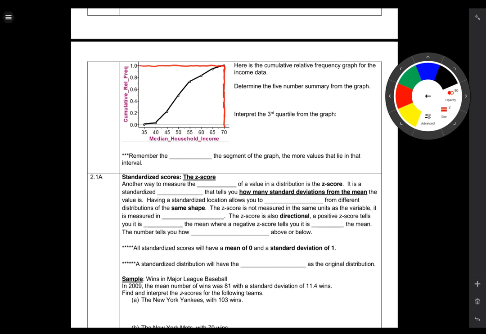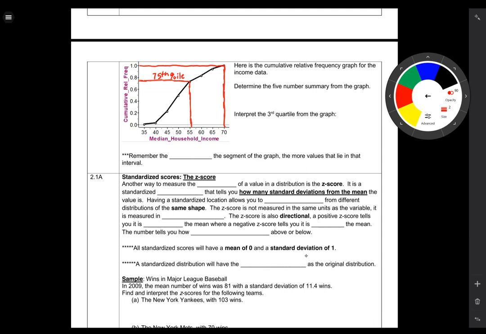Now for the 75th percentile, so here is 60, 70, it'd be right around here, 75. Again, it's how decently I draw this. And then draw your vertical line down. So that'd be about 56,000. So I'm going to write down here 75th percentile.